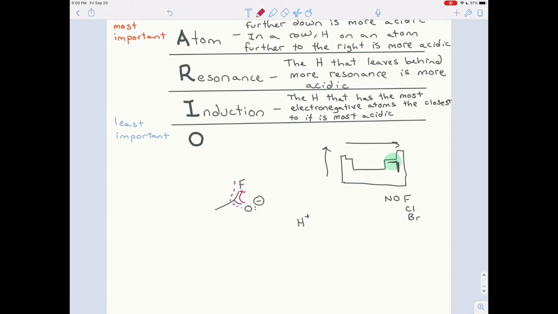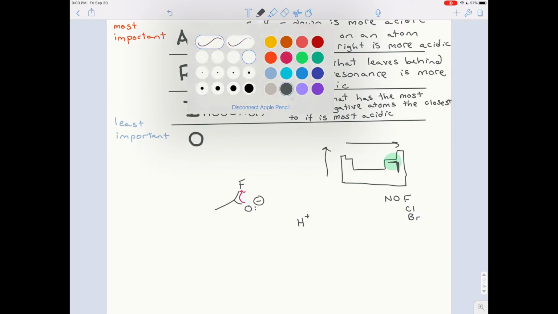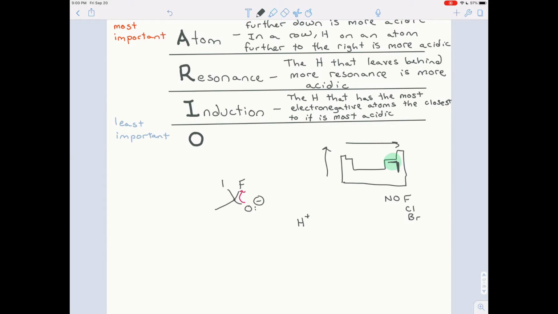And again, the big principle that we'll see over and over again is when you have charge spread out, it stabilizes a molecule, and when you force charge into a small space, the charge repels itself, pushes against itself, and it's very unstable. So the fact that you have this electronegative atom there helps to spread the charge out over more bonds. If you had more electronegative atoms, then it would spread out over even more bonds, even more atoms.